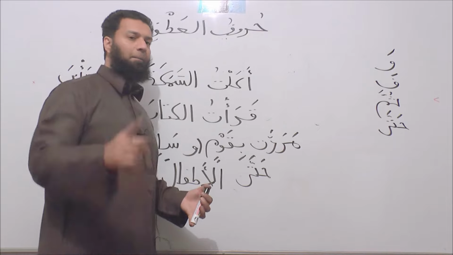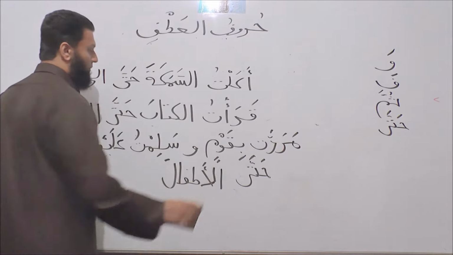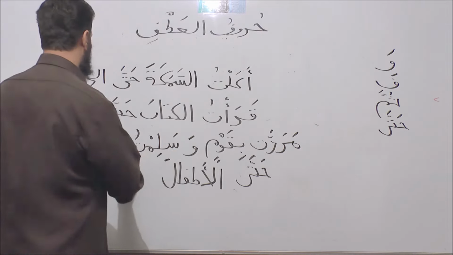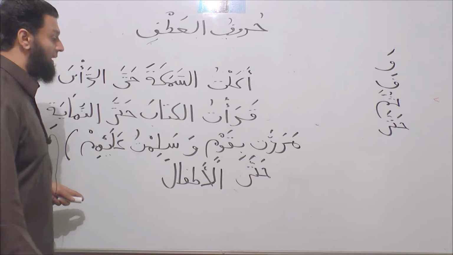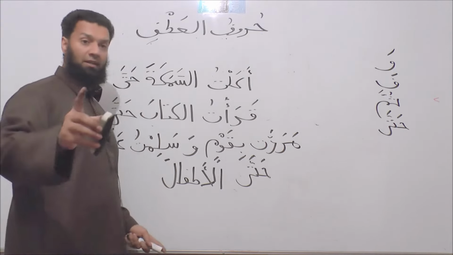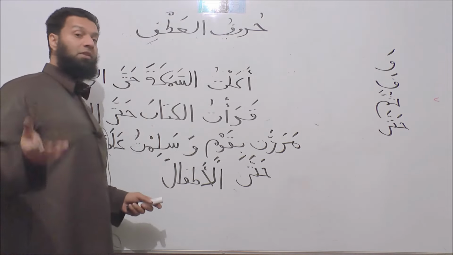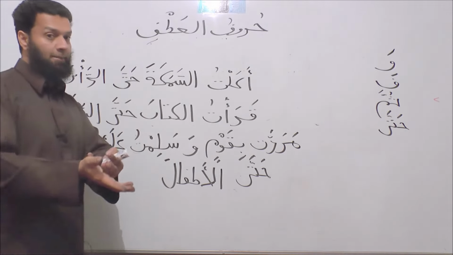But the sentence that we want is: وَسَلَّمْتُ عَلَيْهِمْ, and I conveyed the salam upon them, hatta al-atfal. Now it's significant, isn't it? Because that's a sunnah that the Prophet ﷺ himself did.